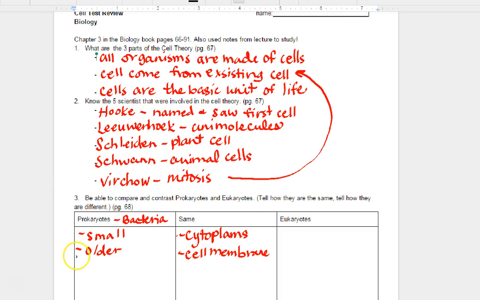They also have no nucleus. However, they do have DNA. They have a region of DNA, but they don't have a membrane-bound nucleus that's housing their DNA. And they are very, very simple.